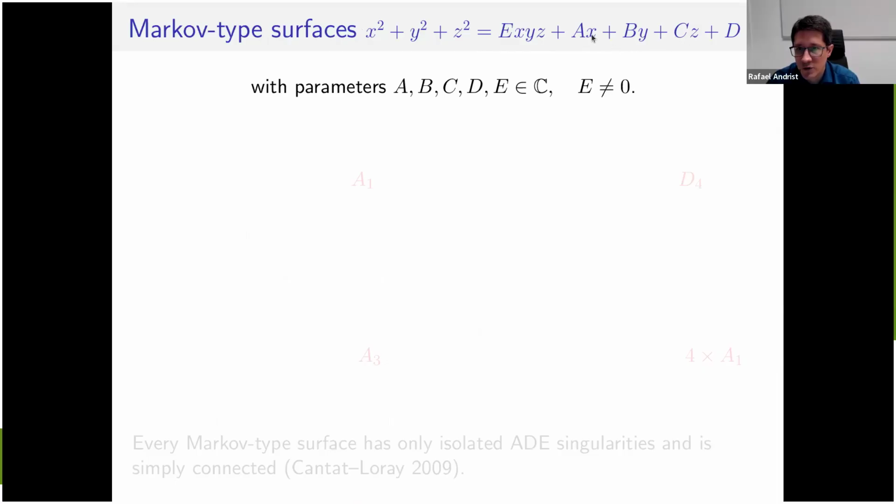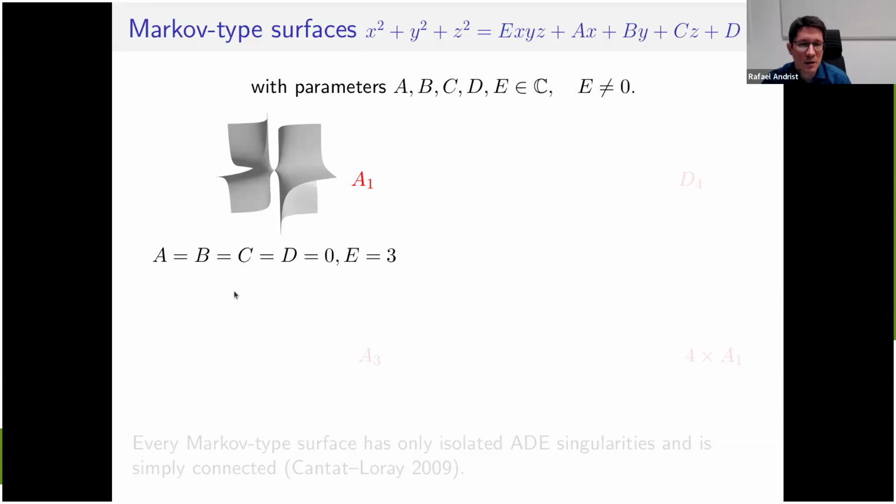So we have some parameters a, b, c, and d. You can always normalize the parameter e to, let's say, 3 or 1 or whatever you prefer, and change the coordinates accordingly. But for the examples here, it's just easier if I'm allowed to vary e as well. So if I choose a, b, c, d equals 0 and e equals 3, we get our original Markov surface with the type A1 singularity.